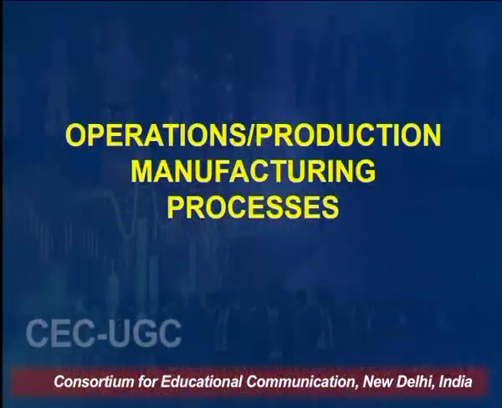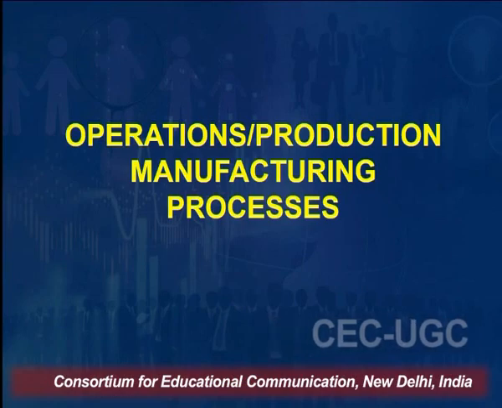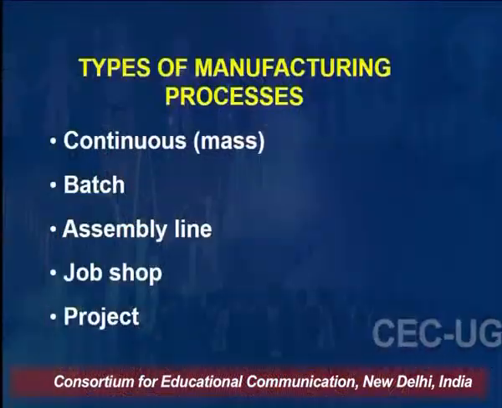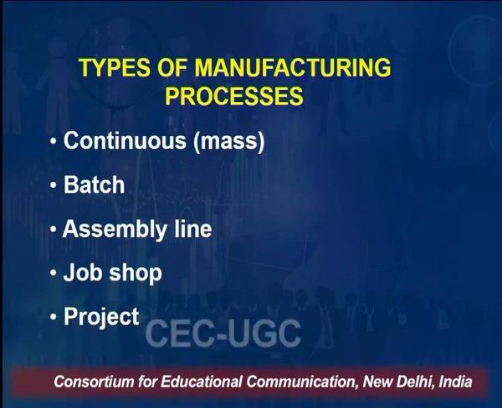So let us now understand what are the various processes, or in other words we can also call them operations or production manufacturing processes. What are these various kinds of processes? We are going to study them. So various kinds of manufacturing processes are: number one, continuous process or continuous production process, or we can also call them mass production process.